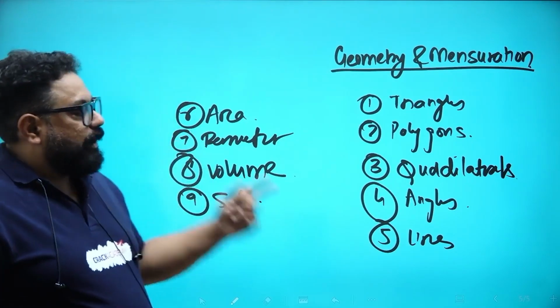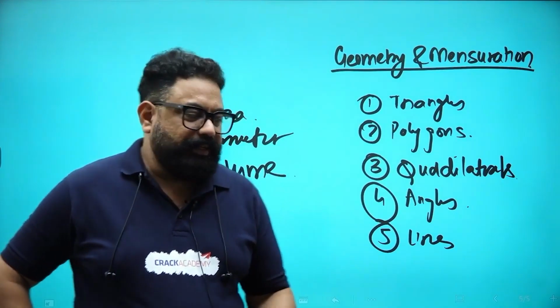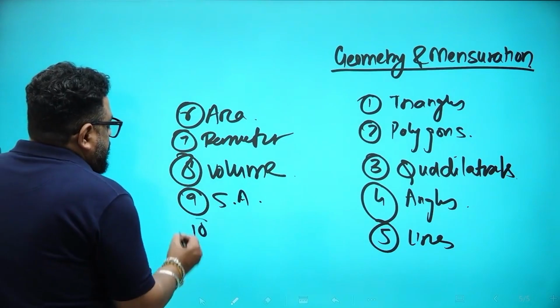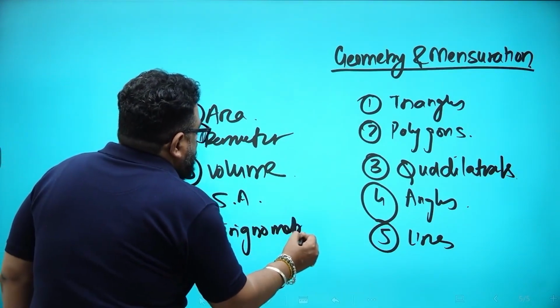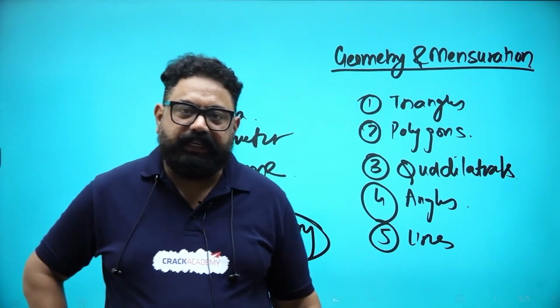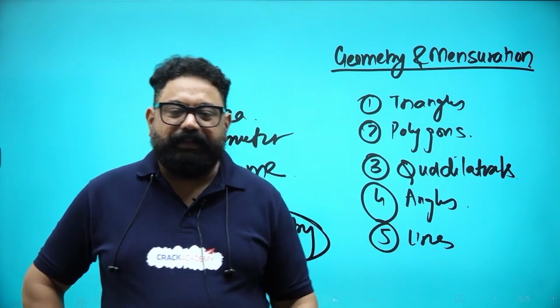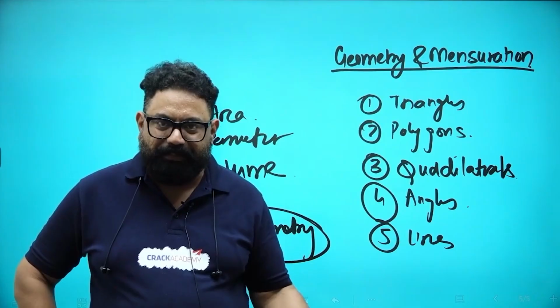But the core part of geometry and mensuration, which one of my team is going to handle, would also be trigonometry. Trigonometry is one topic which is not very relevant in an exam like CSAT, but if you appear for SSC, Bank PO, this is a really important topic.